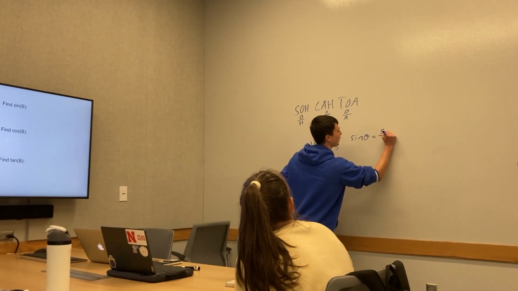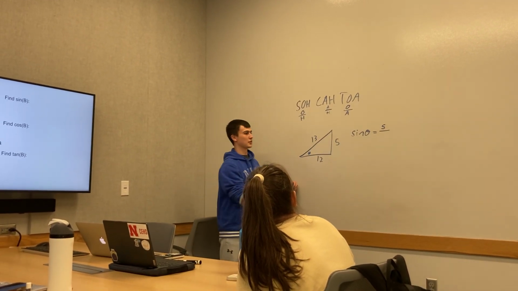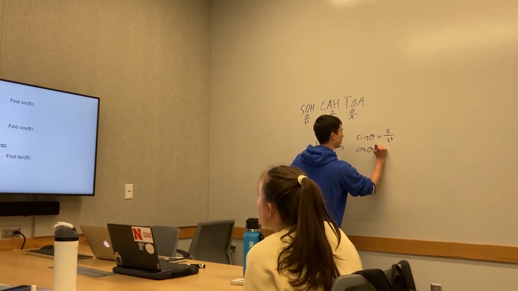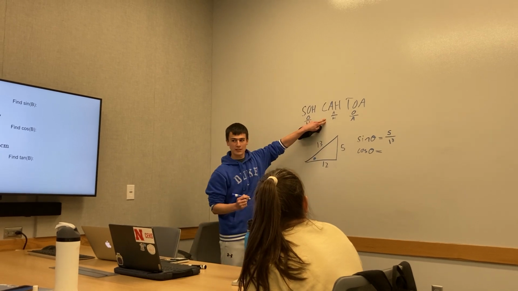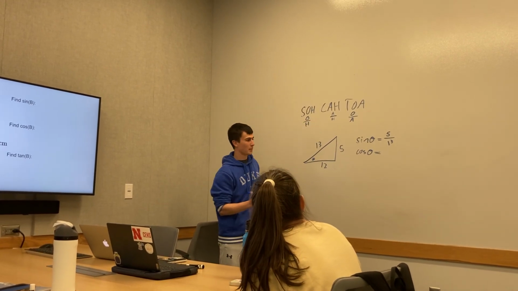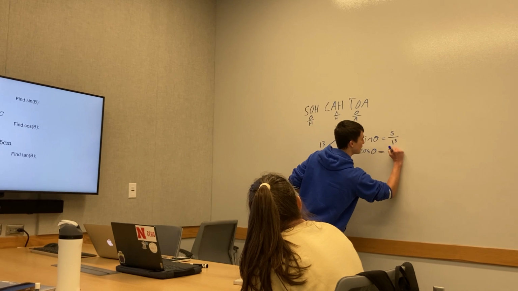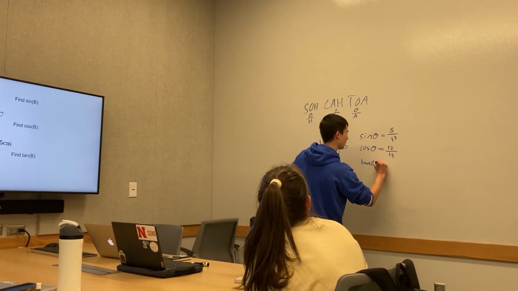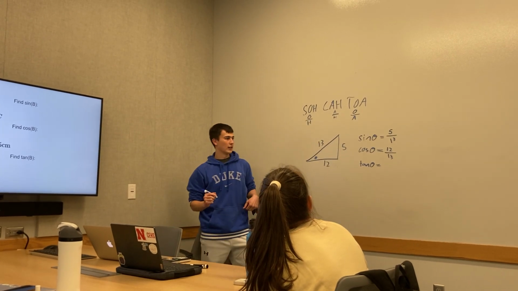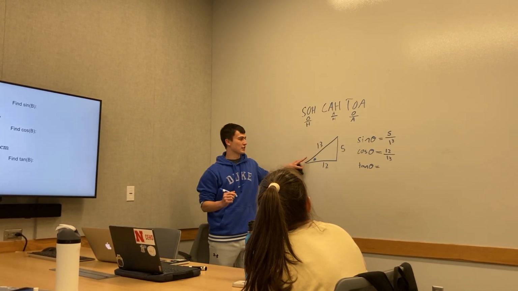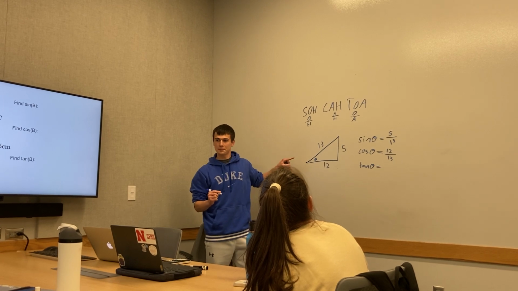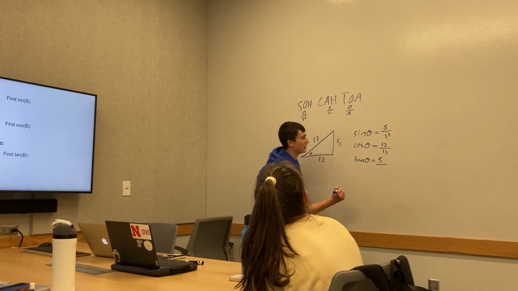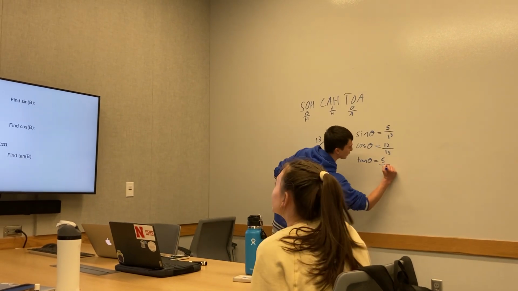And then the hypotenuse is 13, right? Cosine, we're gonna have adjacent, right? So what's that gonna be? 12. And then the same hypotenuse as before, 13. And if we have tangent, we're going to have opposite over adjacent, right? So what's the opposite? 5, right? And the adjacent is 12, right? Perfect.